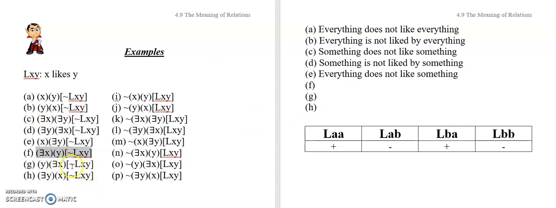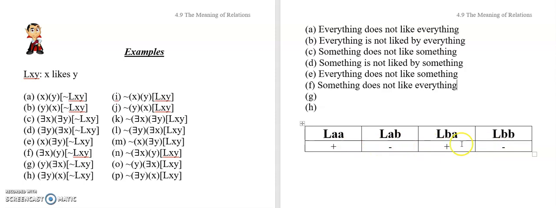Let's try F here. At least one thing does not like everything. So either A doesn't like itself and it doesn't like B, or B doesn't like itself and doesn't like A. At least one of the two things, A or B, doesn't like everything in there. So we'll translate it roughly, something does not like everything. All right, so let's see, is there something in here that does not like everything?